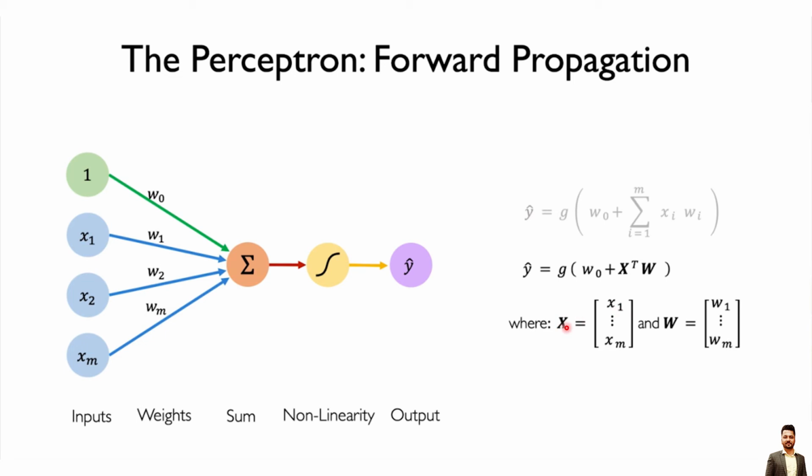So x is a vector of x1 to xm, and similarly w is a vector of w1 to wm. We multiply this as x transpose into w, the bias is added, and g is applied. The formula is still the same, and that's how we calculate the output of a perceptron through vectorization.